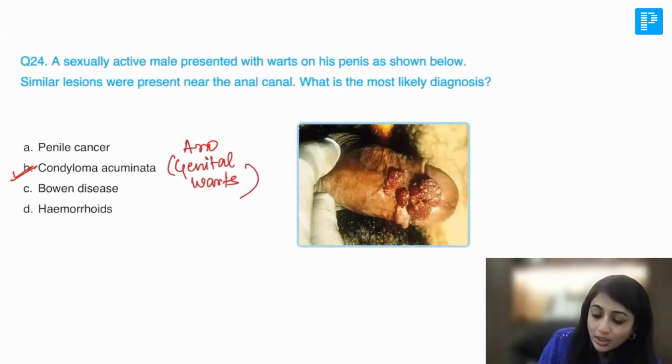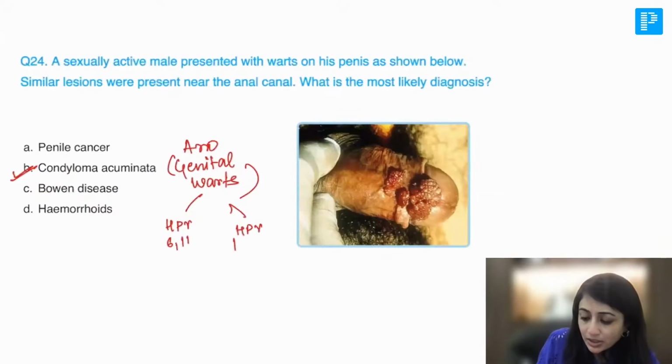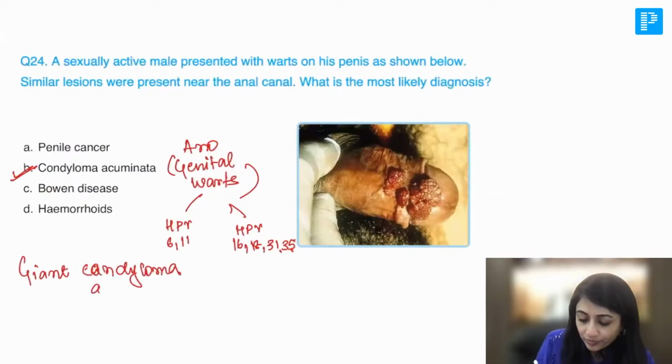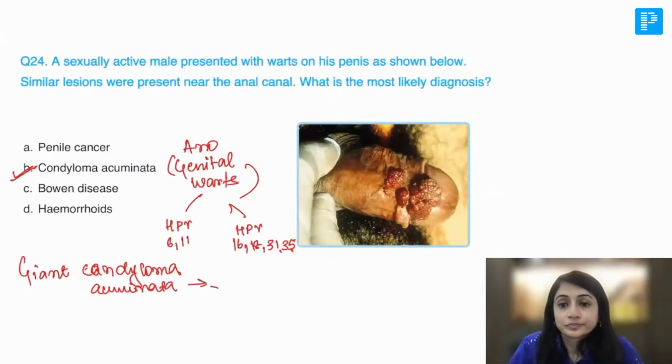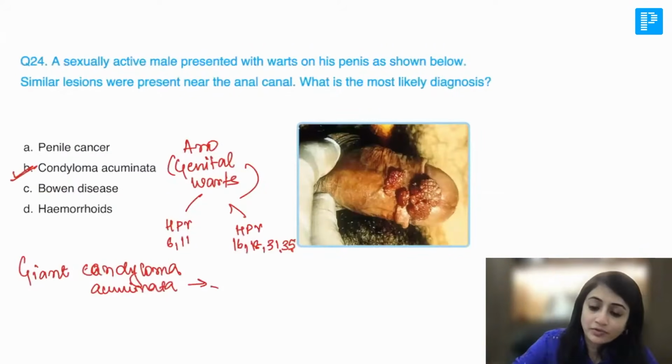Is it high risk or low risk? Low risk is HPV 6 and 11, and high risk is HPV 16, 18, 35 and 31. What is giant condyloma acuminata called? It is called Buschke-Lowenstein tumor.